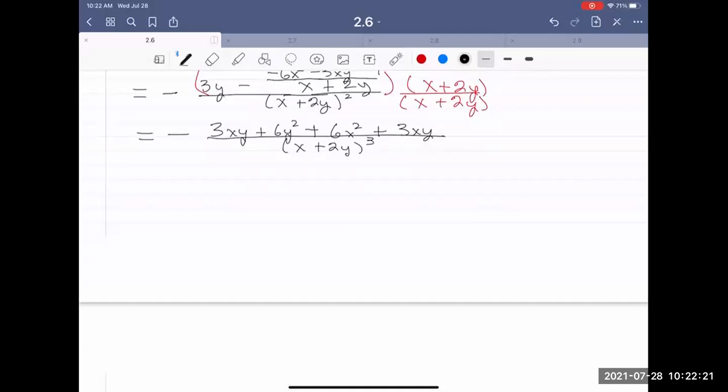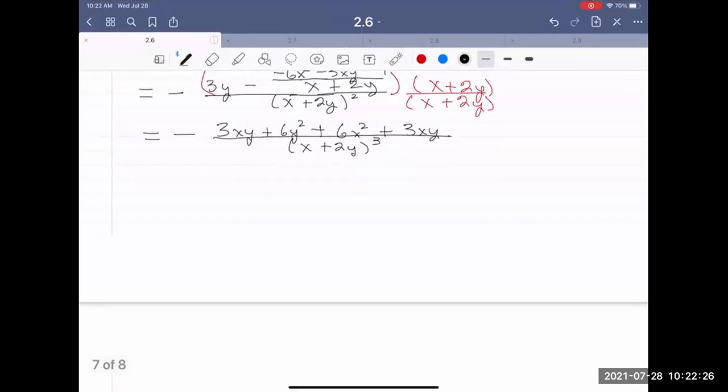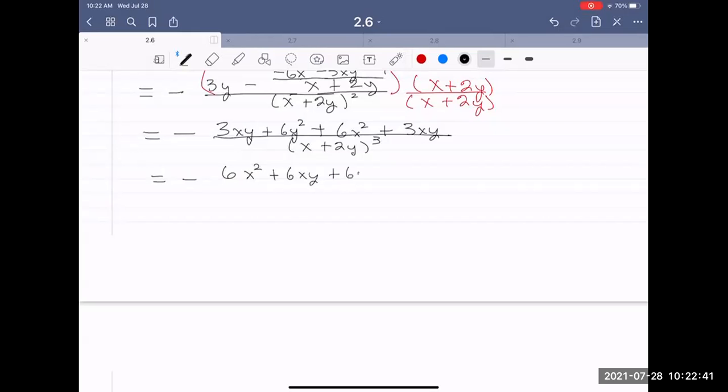So you finally get is equal to minus 6x squared plus 6xy plus 6y squared over x plus 2y cubed.